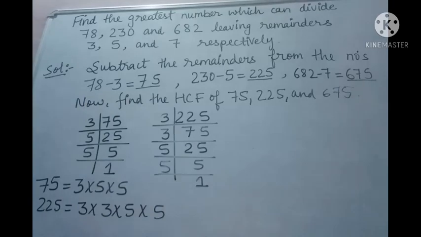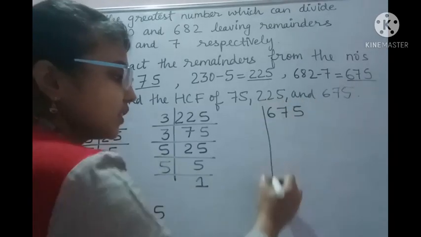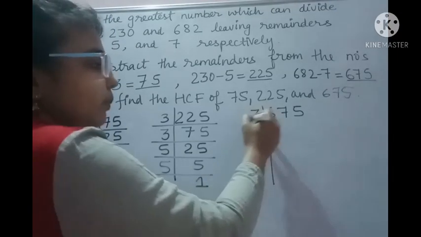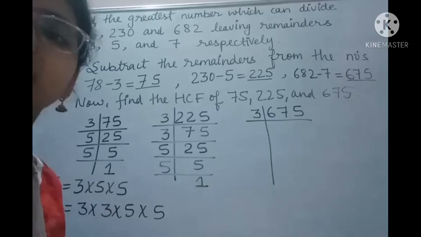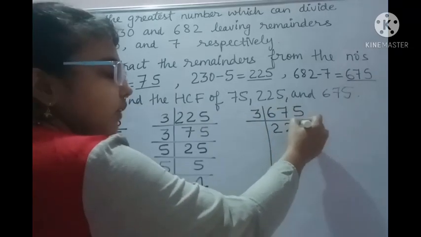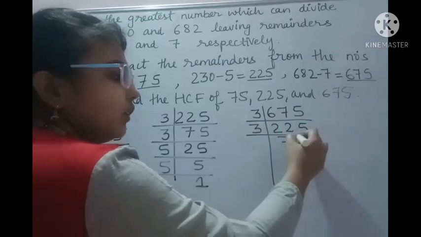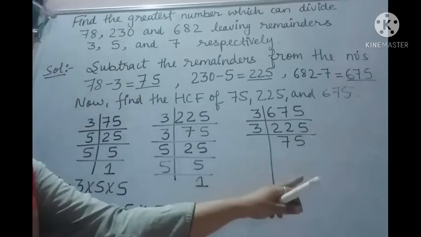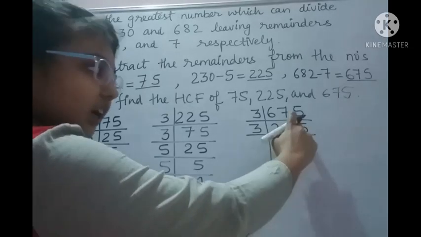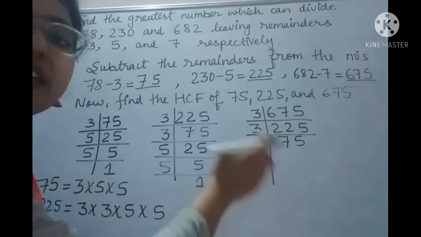Then we have the next number, which is 675. Again this is an odd number, so we start with the odd prime number 3. 3 twos are 6, 3 fives are 15. Again we go with 3: 3 sevens are 21, and there will be a remainder of 1, which we use before the 5, so this becomes 15. 3 fives are 15.